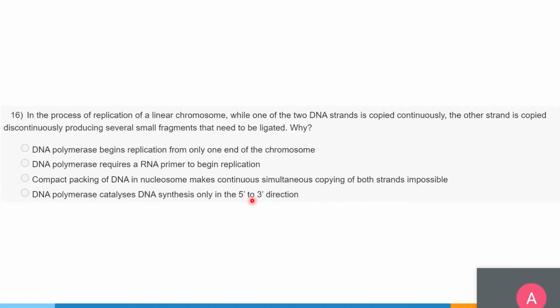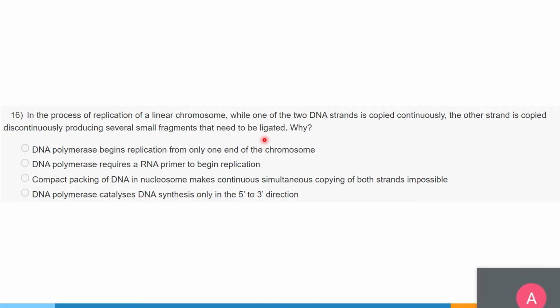Next, we move on to the next question, which is: in the process of replication of a linear chromosome, while one of the two DNA strands is copied continuously, the other strand is copied discontinuously, producing several small fragments that need to be ligated. Why is this? The options are: DNA polymerase begins replication from only one end of the chromosome.